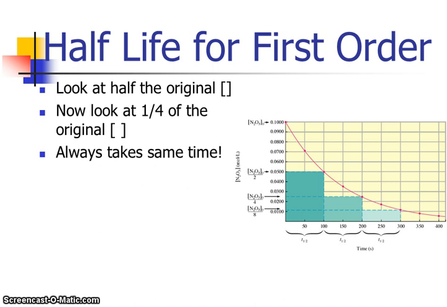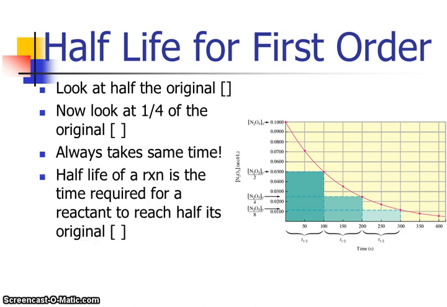So it always takes the same amount of time for a first order reactant to be cut in half over and over again. A half-life of a reaction is the time required for half of that reactant to be decomposed, and we symbolize it with T subscript 1/2.